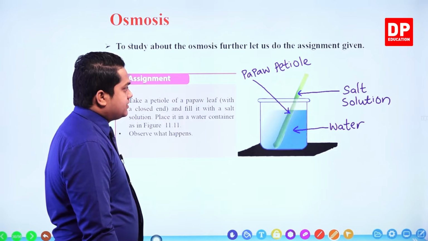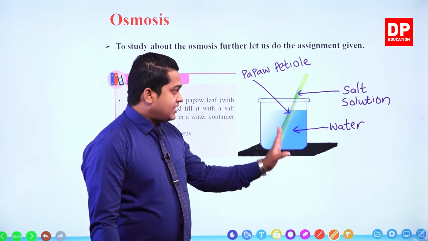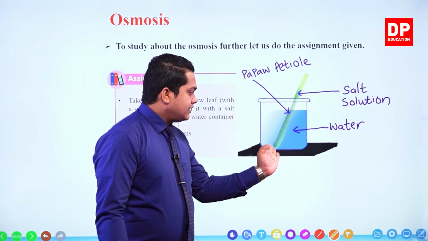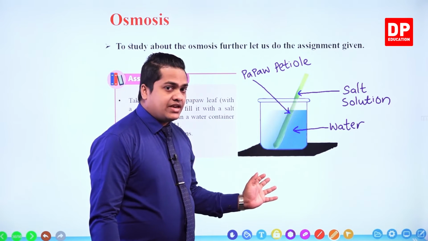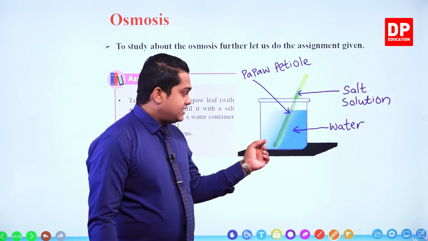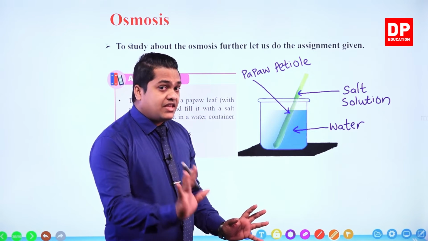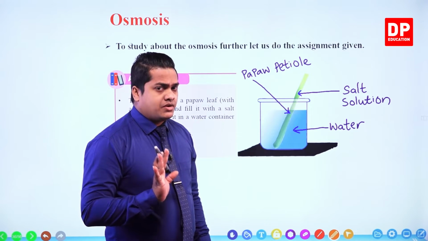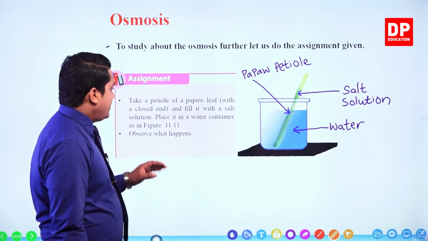The three parts. So the petiole is the one which is filled up with salt solution. Here the beaker has water. Okay, this is a closed end. This is the part where it is being fixed to the plant. So we have to very gently remove this petiole from the plant. Otherwise these areas may contain gaps. If there are gaps, then we can't do this experiment. There should not be any gaps. Remember. Okay. So let's see what's going to happen here.